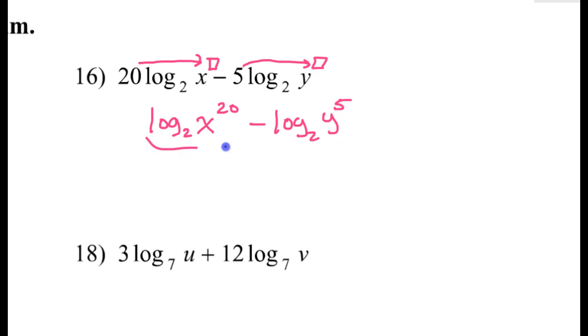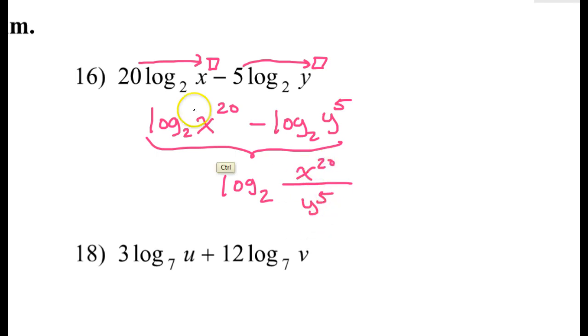And then subtraction condenses down to a quotient. So this would be log base 2 of x to the 20th power over y to the 5th power. The positive one goes in the numerator, the negative one goes in the denominator. This is the final answer.